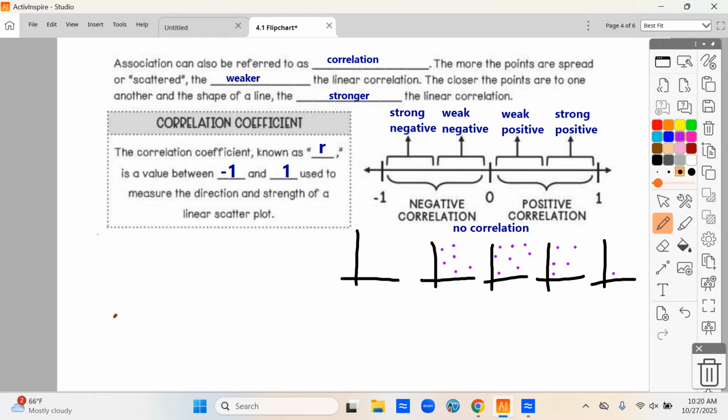Now that would mean my strong positive goes up, but very close to a line, and my strong negative is going down, but very close to a line. So as you can see, it goes from a negative line to negative scatter to very scattered, no direction, to scattered going upward to a scattered upward line. Okay, so we just transition through from -1 to 1.